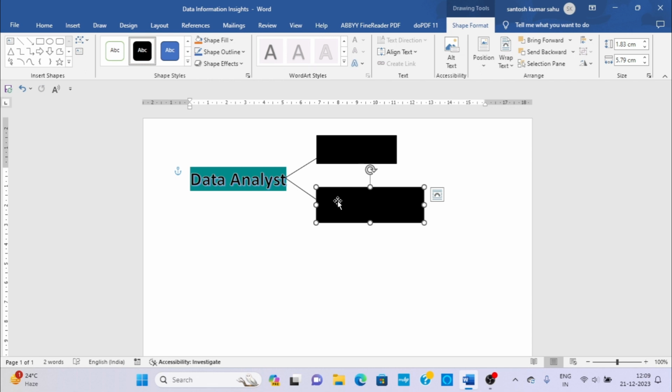Suppose a person is analyzing a car, a bike, a TV, or a mobile electronics gadget, then this is also a type of analyst. Suppose one person is analyzing foods, fast foods, or restaurants. Many bloggers are analyzing or creating videos on YouTube. So what are they doing? They are analyzing, so they are also called analysts.